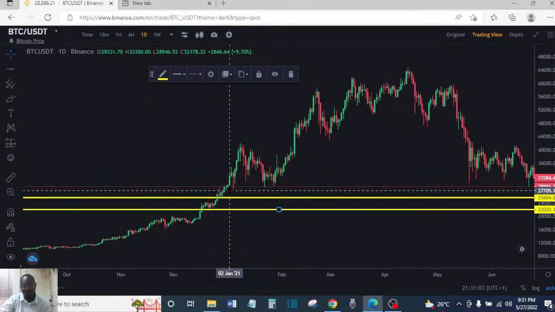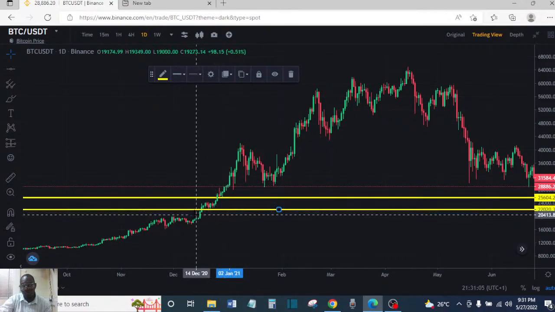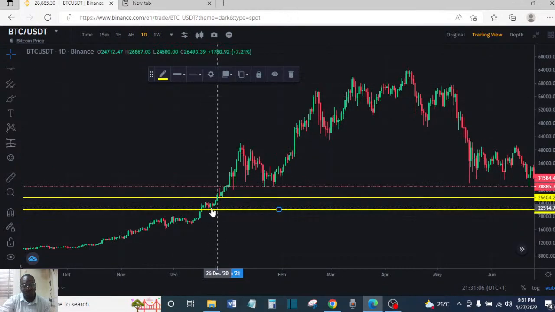From what I was saying, the maximum extent to which I feel price can get to, if price will still go further down, is $22,000 to come and clear the stops that are here. Probably price can stop at 21,000 or at 22,000. But these stops need to be cleared. If they come down further, they have to clear those stops.